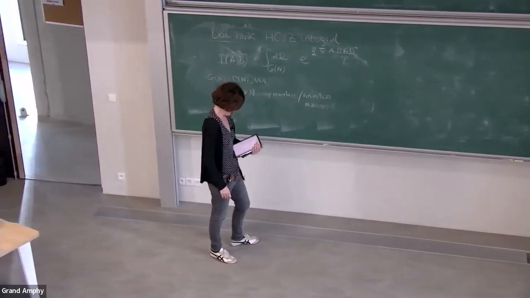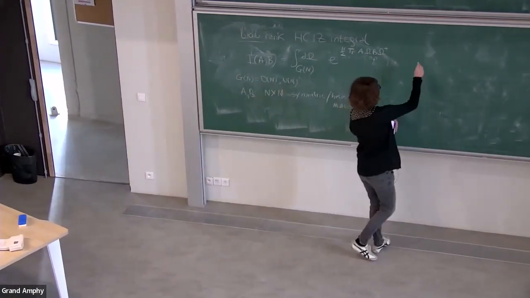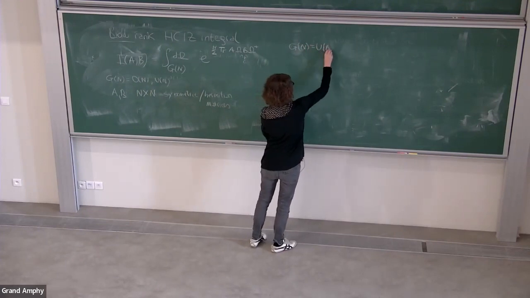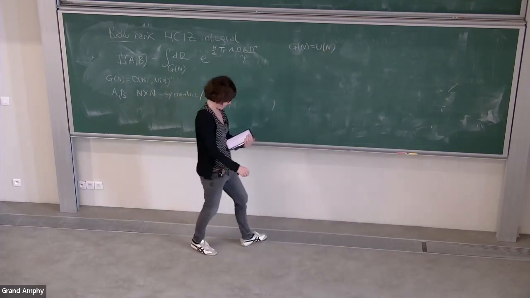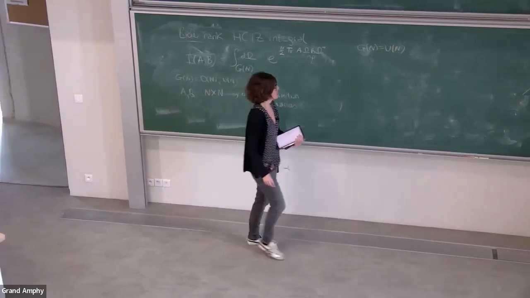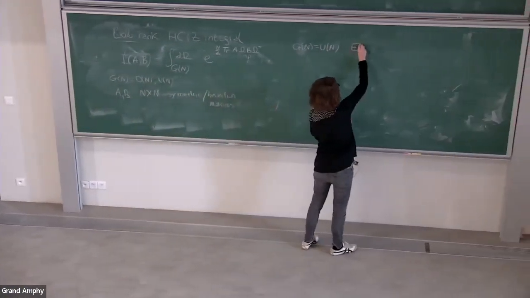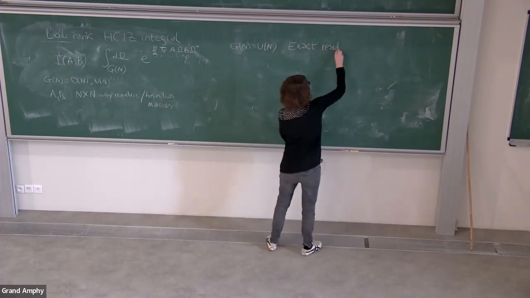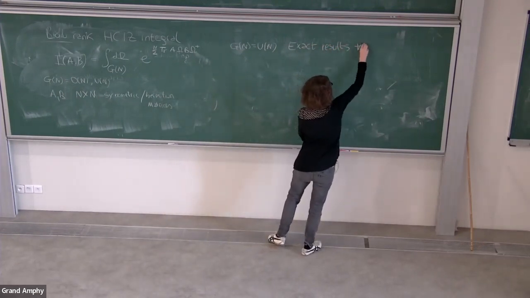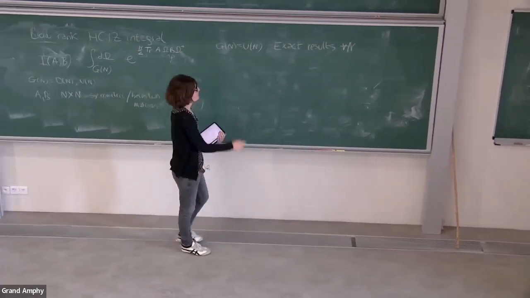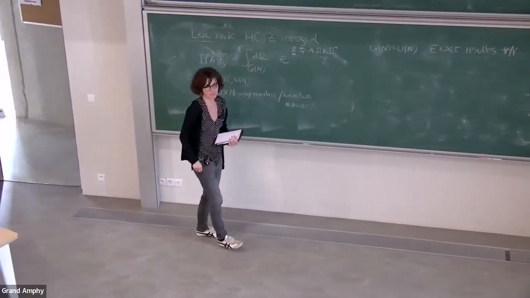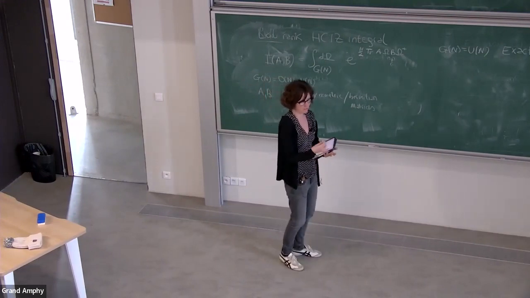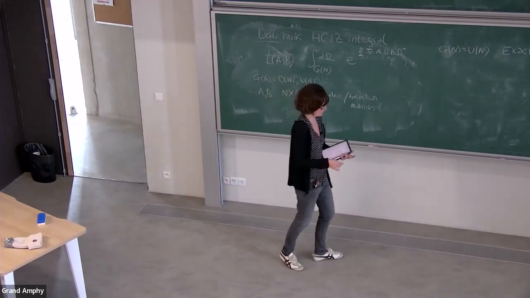And if G of n is unitary, there are exact results for all n. The problem was that these results involve a determinant. So even if you can write down the expression, getting the asymptotics is difficult.